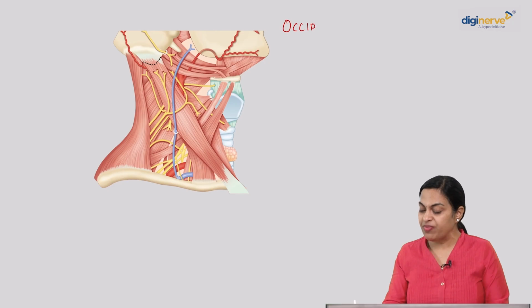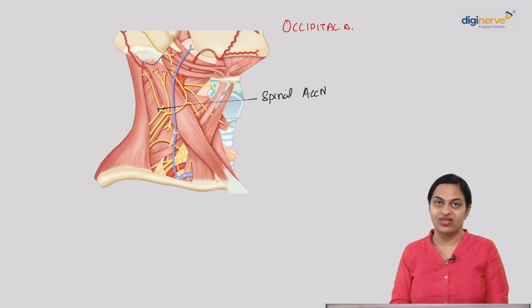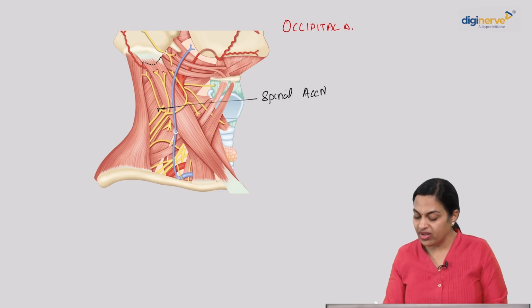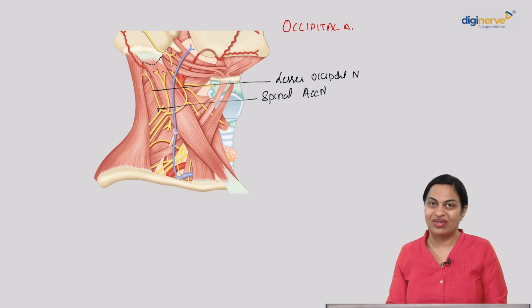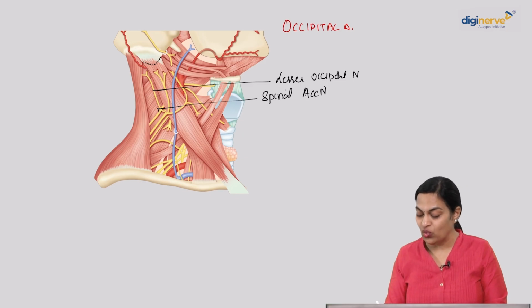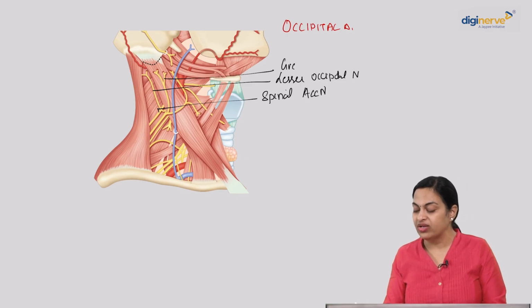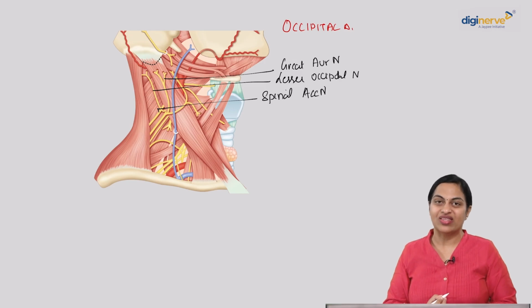So occipital triangle, what are the contents? We can see the spinal accessory nerve as the highest content, hooking around it and going upwards. Lesser occipital nerve from the cervical plexus, ventral rami of C2, going towards the auricle, great auricular nerve. Okay, C2, C3 ventral rami.